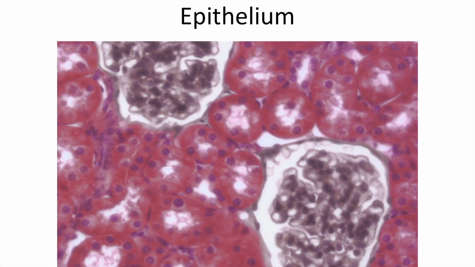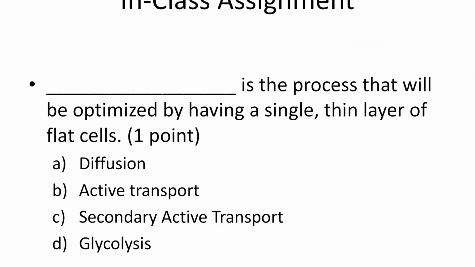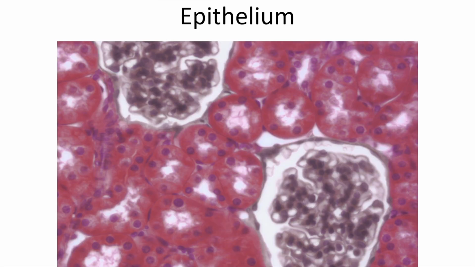So in this slide here, we have 2 forms of simple epithelium. There's simple cuboidal epithelium, and simple squamous epithelium. Our simple cuboidal epithelium makes up our kidney tubules. So this slide is actually taken from the kidneys.